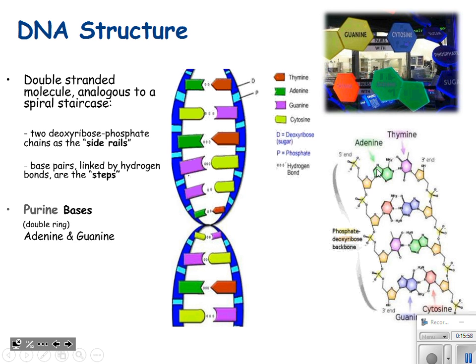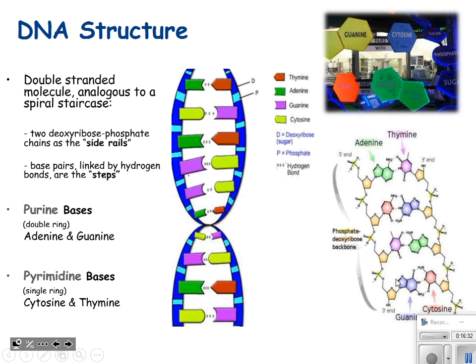One, two, the double ring. Notice that this one is just one ring. That one is a purine, two rings right there. The green one is adenine. The purple one is guanine. So purines are adenine and guanine.